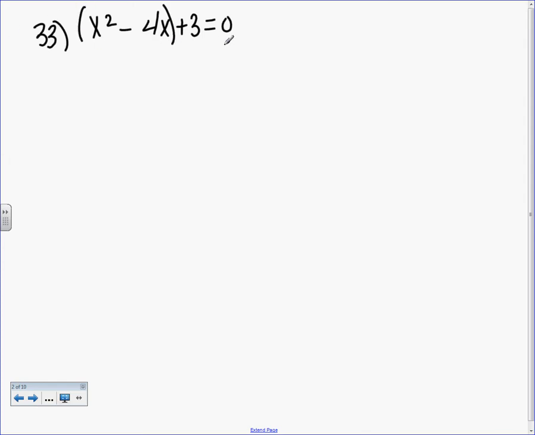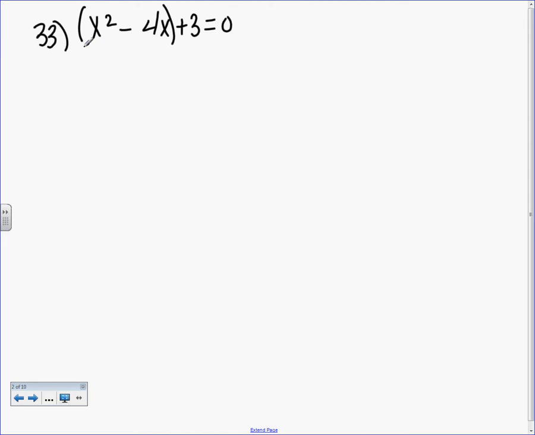There we go. What's the next step? Make the coefficient a 1. Is this a 1? Yes. If it's not a 1, I'll show you what to do later, but it is.